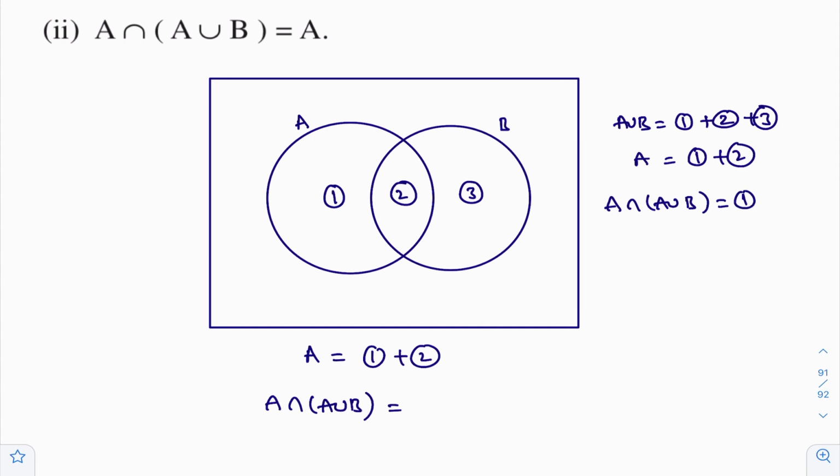I hope you are understanding. 1 plus 2 is nothing but set A. So what can I say? I can say that A intersection (A union B) equals A. Hence we proved it. I hope you understand. For the 8th question and 9th question, understanding with the help of a Venn diagram is very easy.